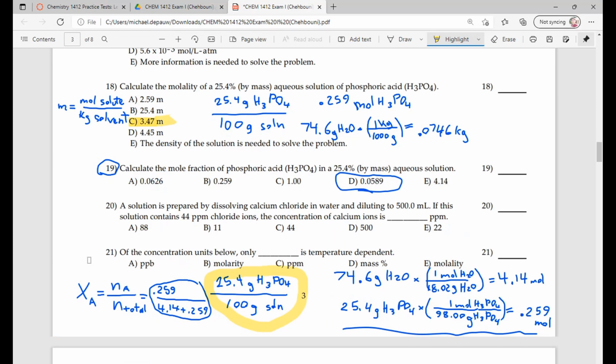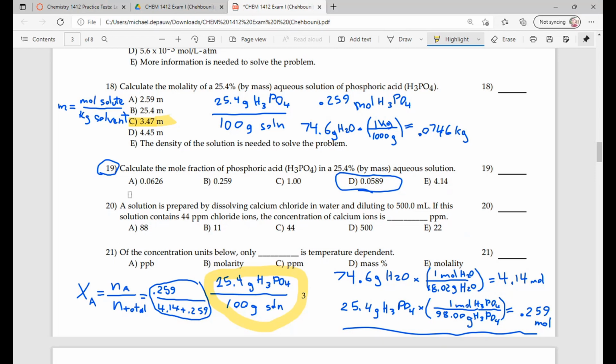A solution is prepared by dissolving calcium chloride in water and diluting to 500 milliliters. If this solution contains 44 parts per million chloride ions, the concentration of calcium ions is what? Now, this one looks like you might have to do all sorts of crazy calculations, but you really don't.